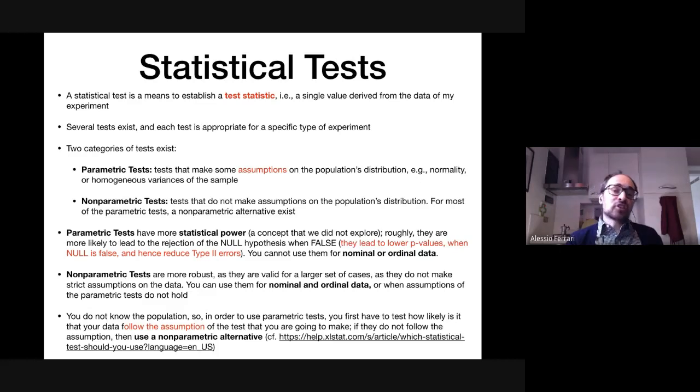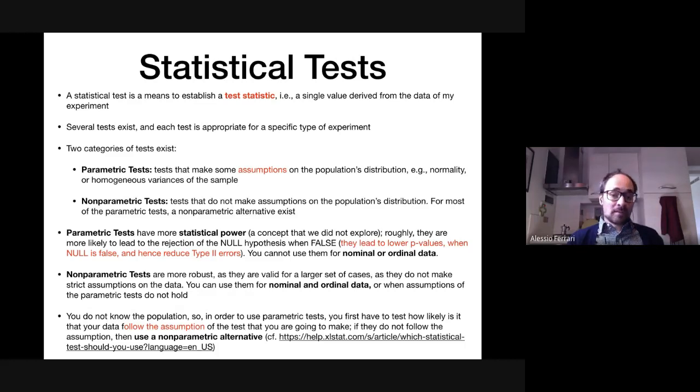The issue is that when you have nominal or ordinal data, you cannot use parametric tests. And also, you cannot use them if the assumptions of the parametric tests are not satisfied by your data. Among these assumptions, the most common is normality, but you can also have some tests that ask you for homogeneous variances of the samples.